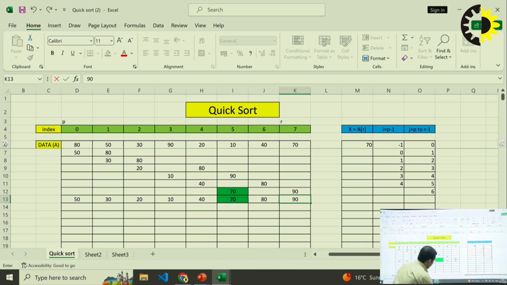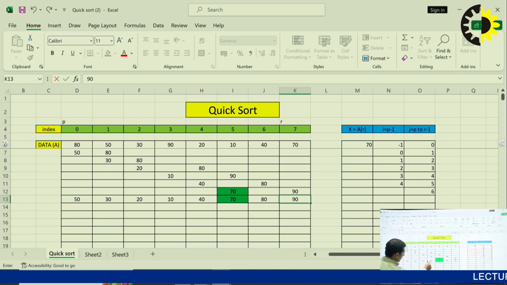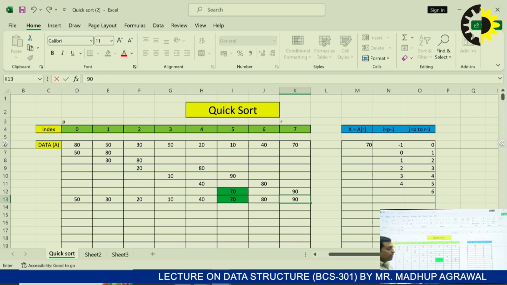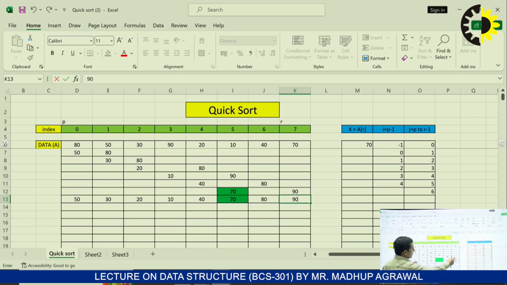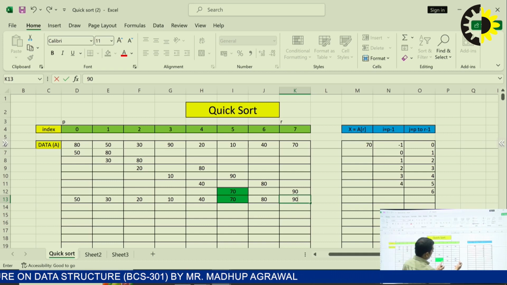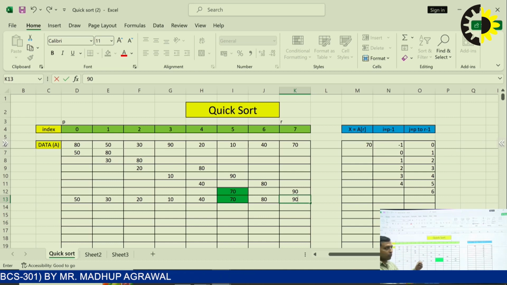Just see, in the first pass, all elements less than the pivot 70 are on its left. In the left portion 50, 30, 20, 10 and 40 are less than 70, and 80 and 90 are greater than 70. So we will break our original array into two sub arrays, a left sub array and a right sub array. So 70 is at its proper location.